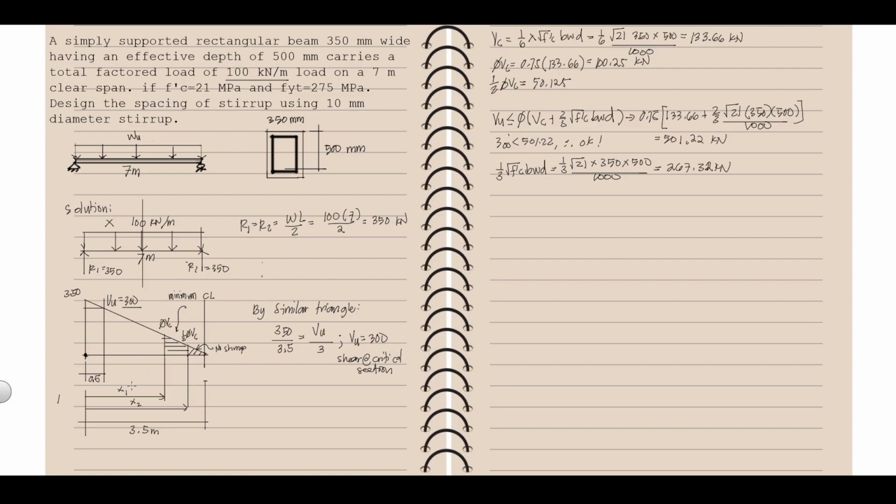Okay? So, first, we solve for x1. May similar triangle. Okay, so ang x1 natin, ang shear doon is VC. So, we have VU or the 350, pwede natin gamitin yon. So, 350 is to 3.5. Tama? Tama. Is equal to, yung shear sa point na to, phi VC, that is 133.66.